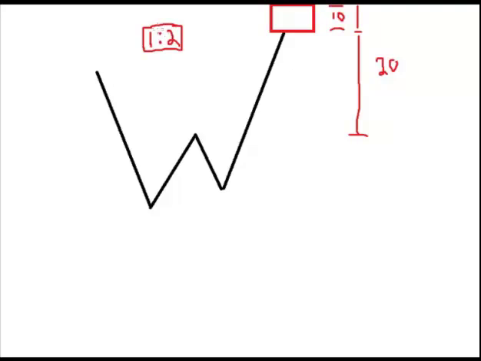Or if you're doing mini lots, if you risk at least $1, you at least want to be able to make 2. It doesn't make sense to take a risk versus reward that's inverted, where you're going to be risking $2 and only be able to make 1. I mean, if you consistently did that, chances are you're not going to be trading very long. So it's important.